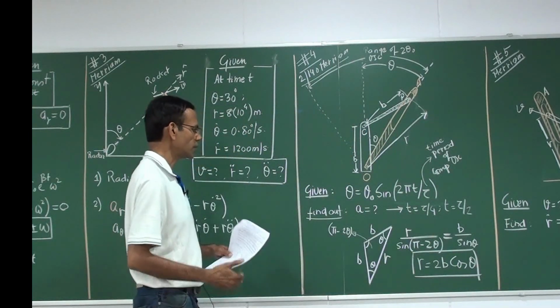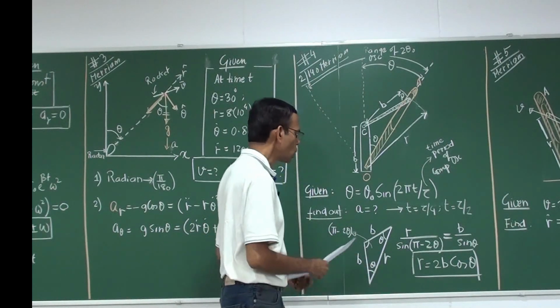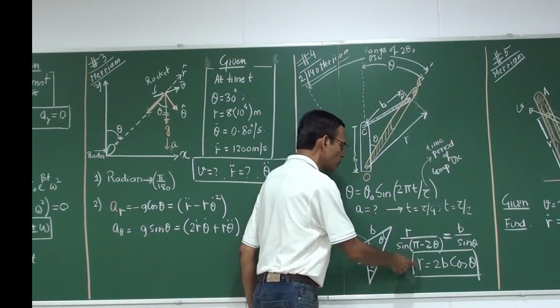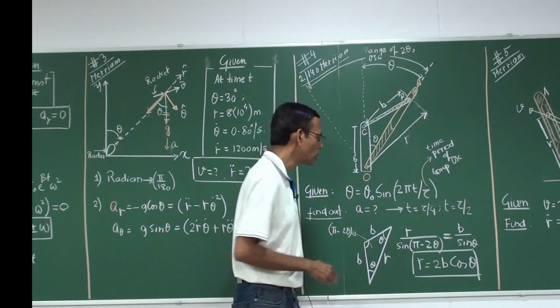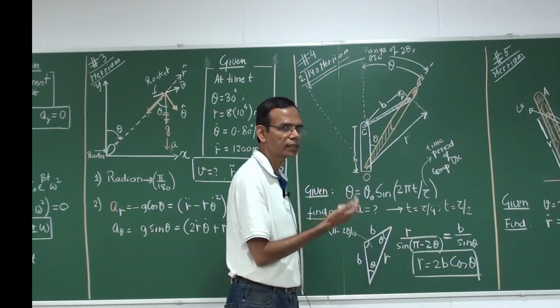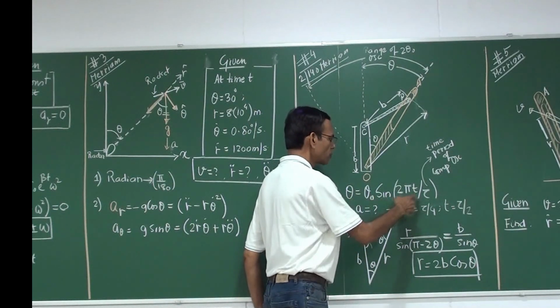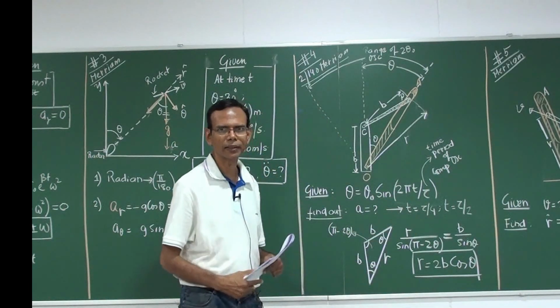So now as you see, you have got the value of R. Once you have the value of R, then you can find R dot, you can find R double dot, and when you differentiate cos theta, you will get a theta dot term. So theta dot you can calculate from here, and finally everything will come in terms of t.